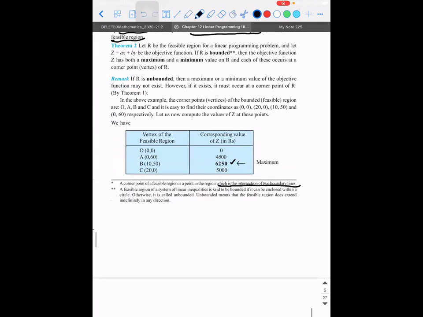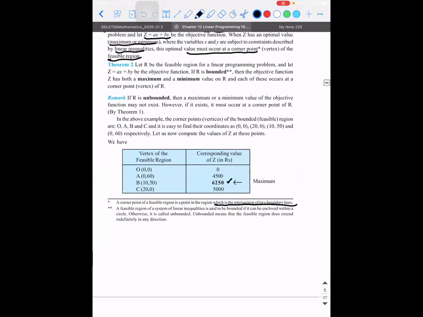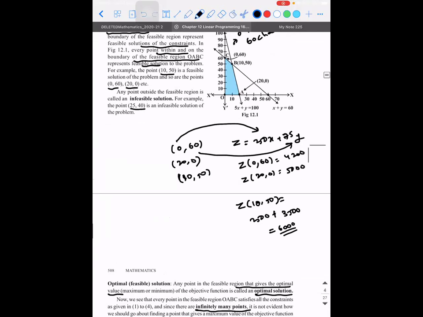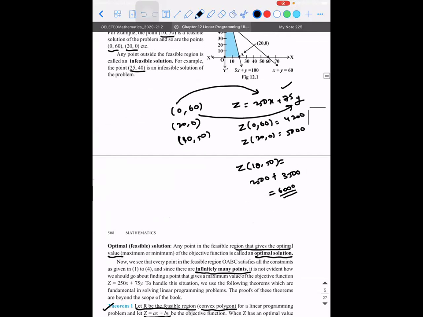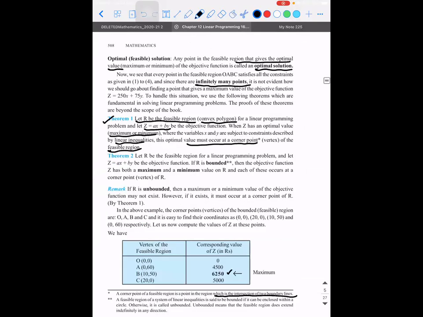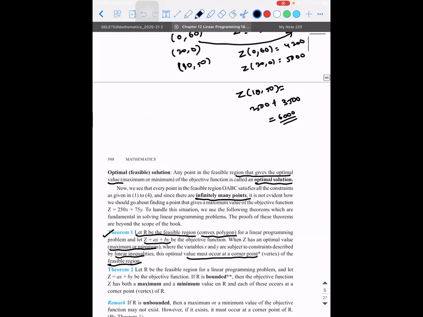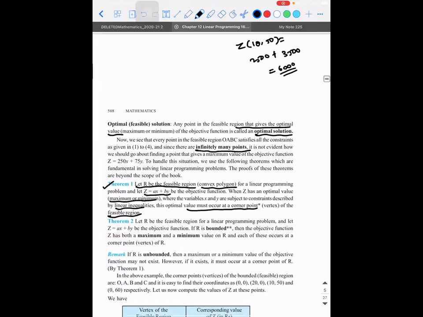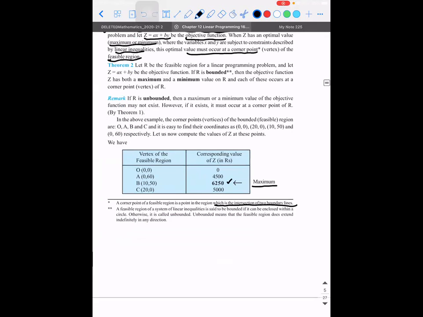So the maximum profit. What are all the corner points that he has? 0, 0, this one, and this one. So he has 4 points in the feasible region. By substituting all those values in the equation of profit, that is the objective function, we will be able to find the maximum profit.